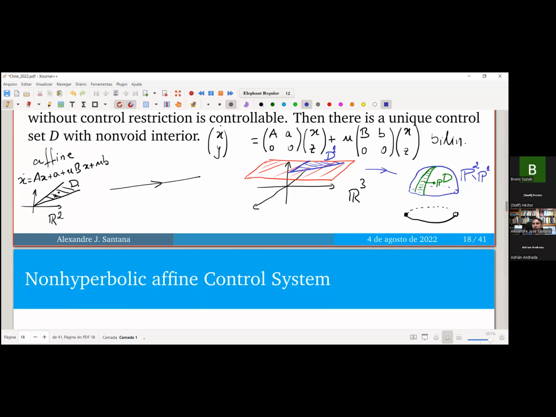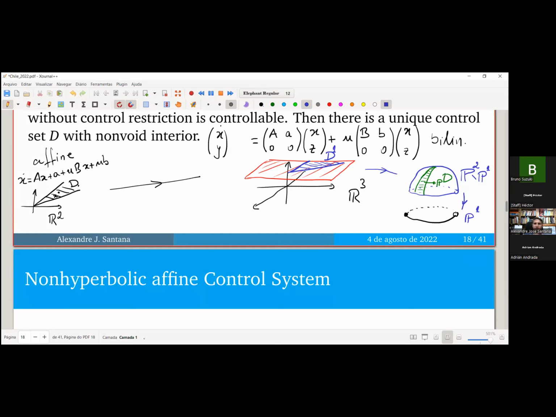Here I have some abuse of notation. We are excluding P1. Here is P1. Then we have one map from here to here.